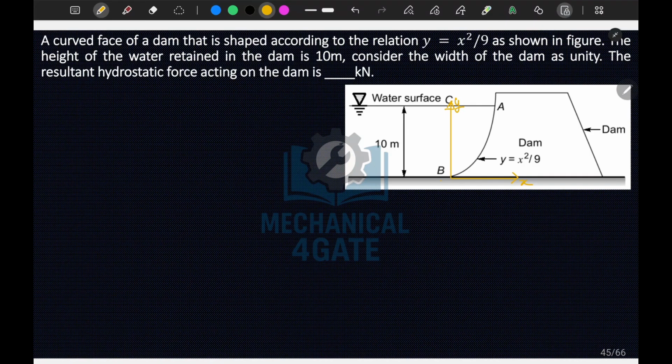So we can say that this point represented here is 0, 0, when x is equal to 0, y is equal to 0. Now at this point we know that our y is equal to 10. Okay, so if I have to calculate the value of x, what I will do here is square root of 90. Okay, you get this now?